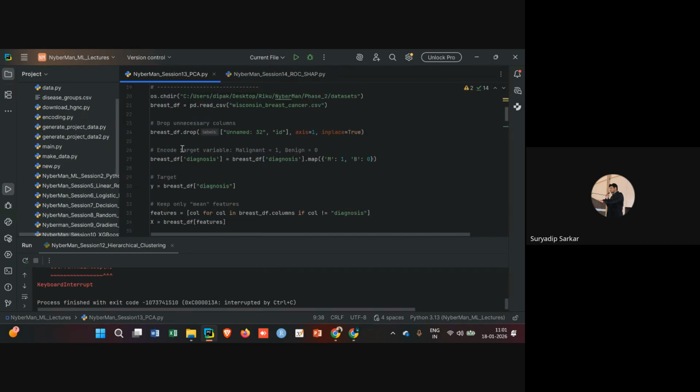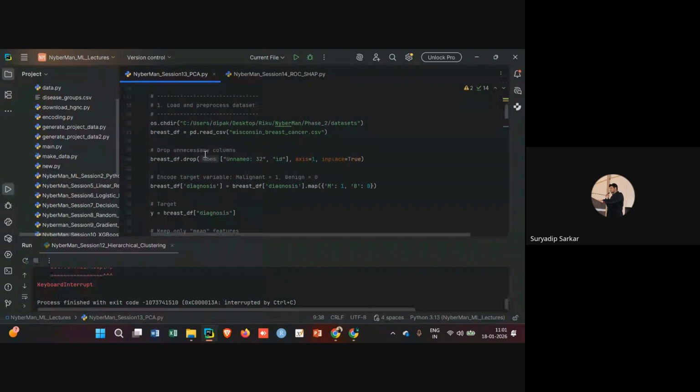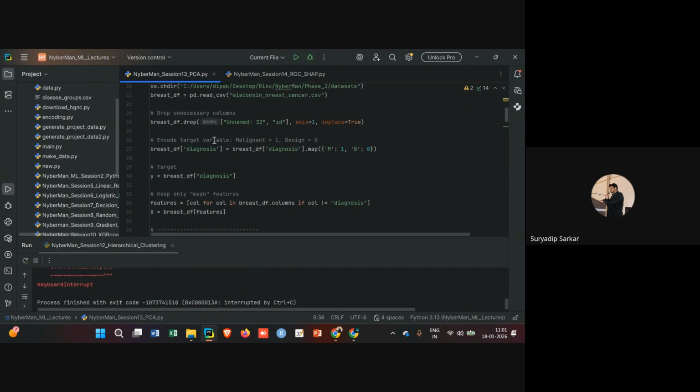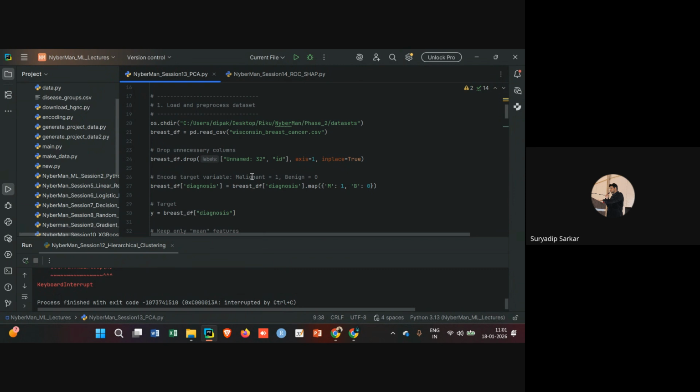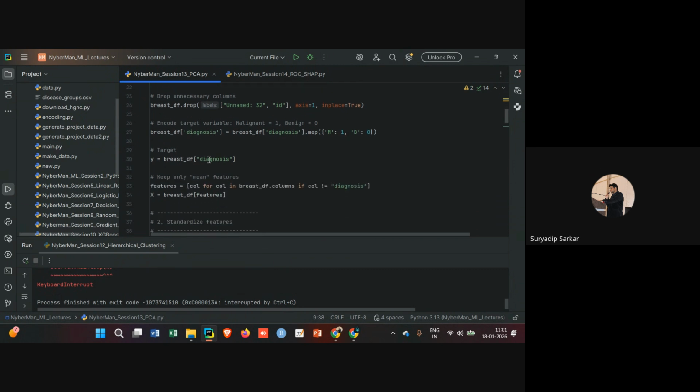Here I want to show you guys something. This is where we do the same things, right? We load the data set, we drop the unnecessary columns, we encode the target, etc., all of that. And then finally we keep only the mean features.